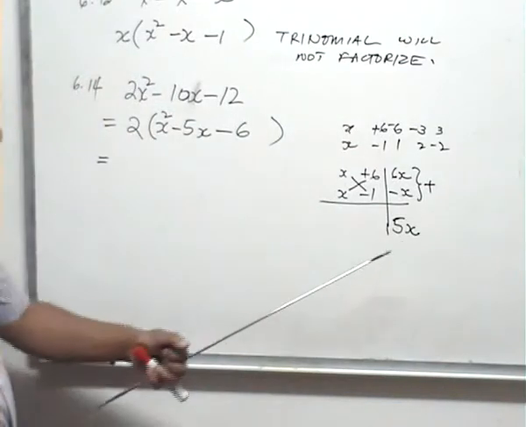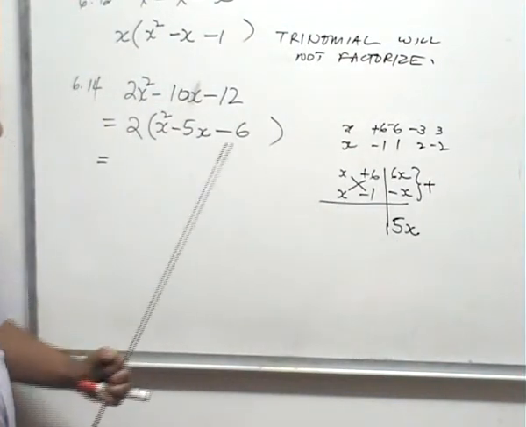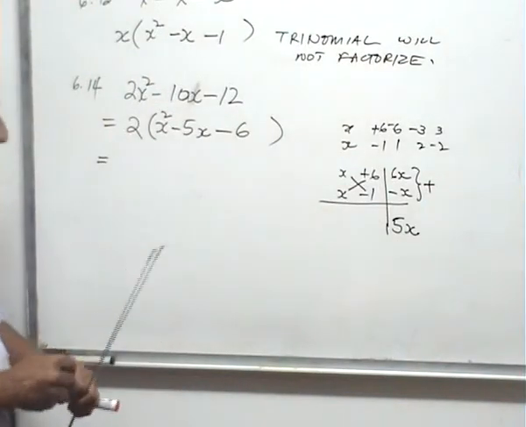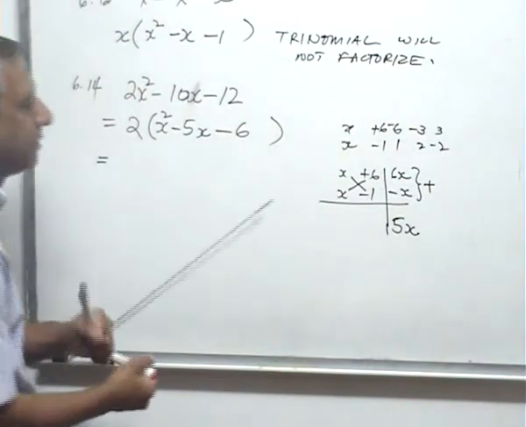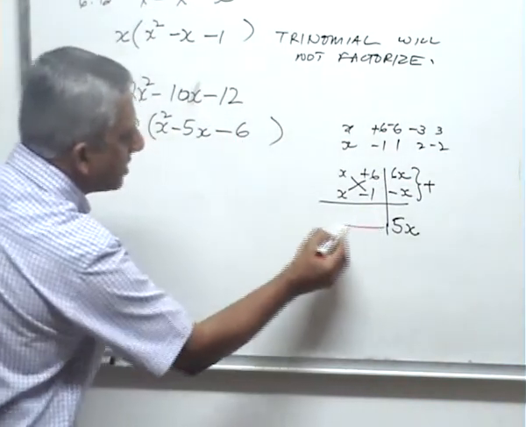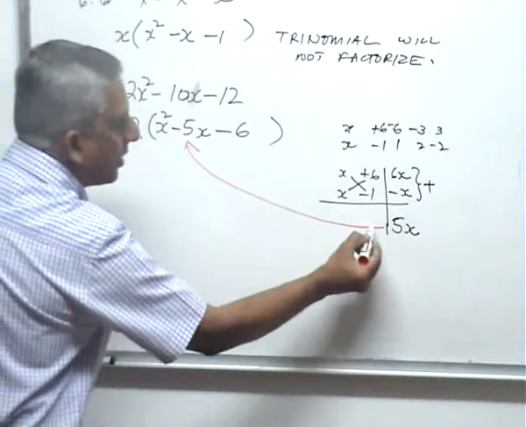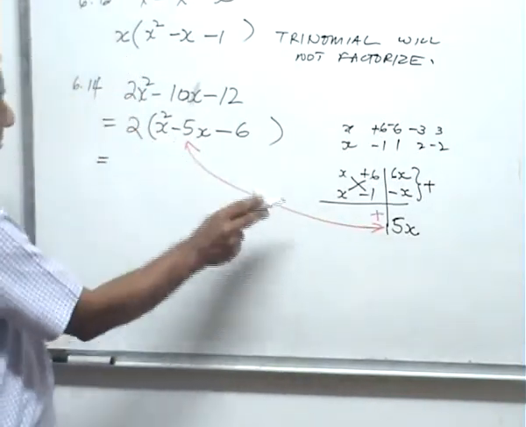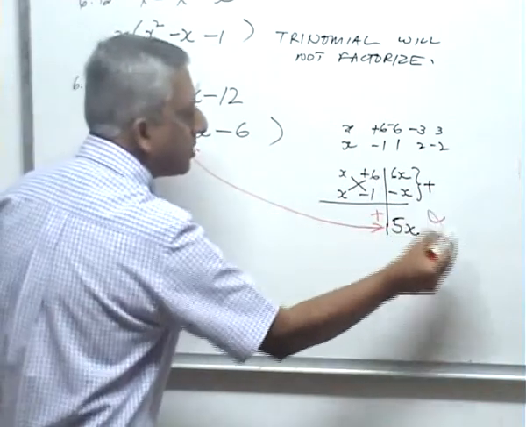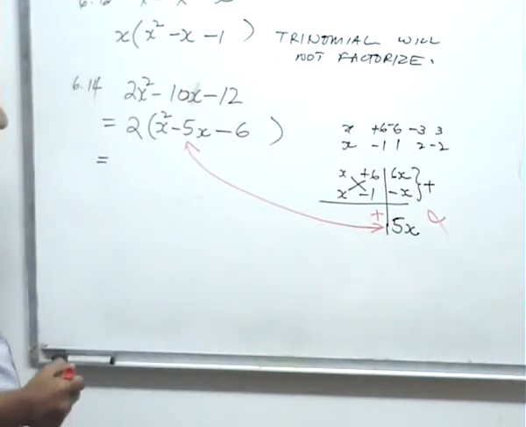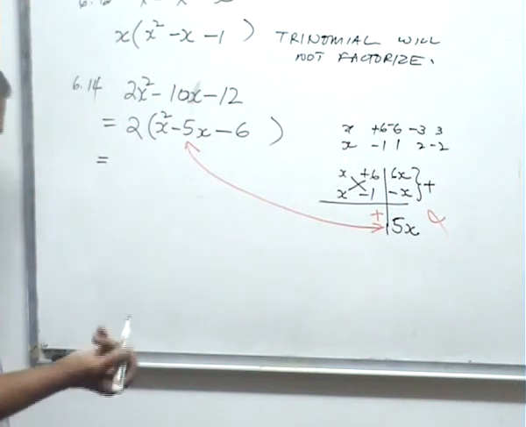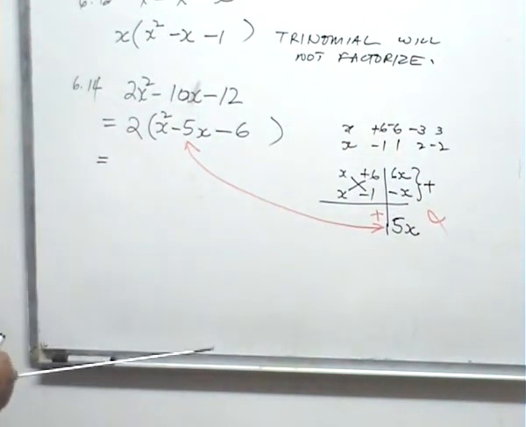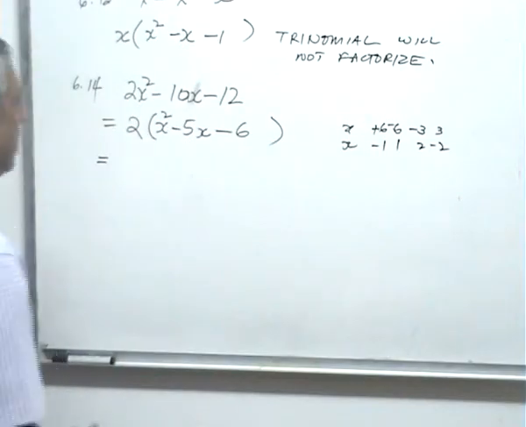Now when you compare that to this, you can see clearly that this one is plus and this one is minus, so that's a wrong choice. So it's out, it's not right, so I have to remove it, clean the board and try another choice.